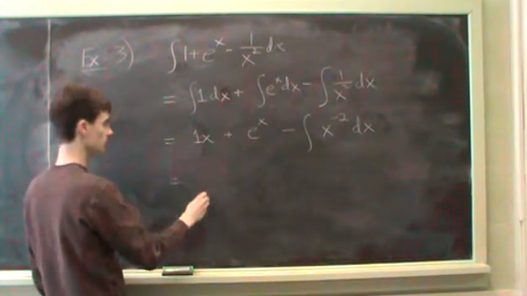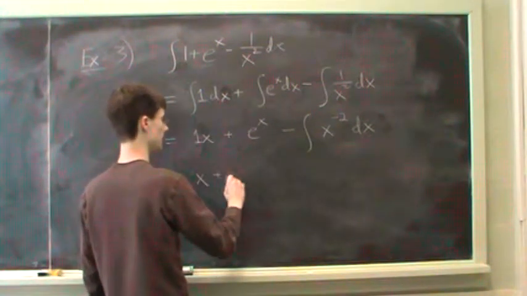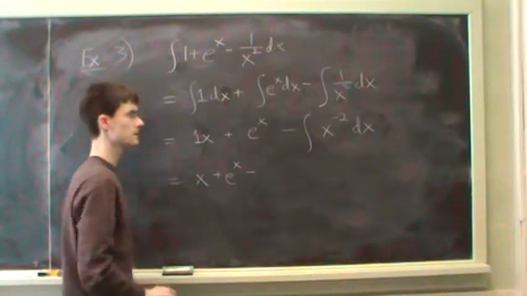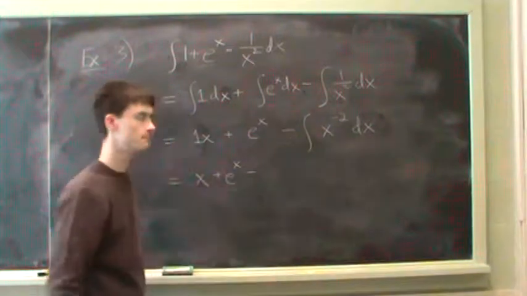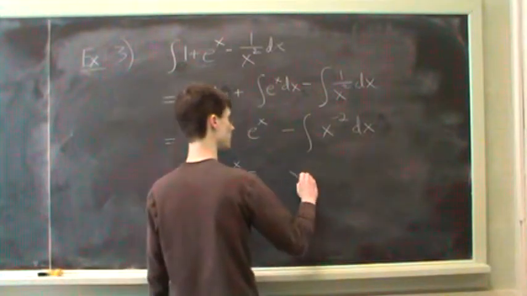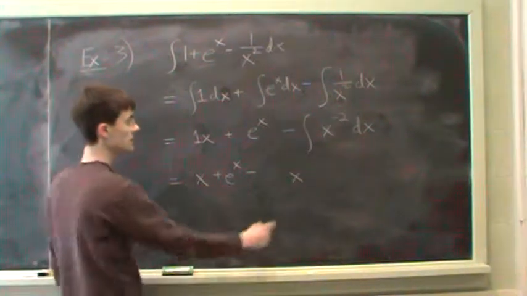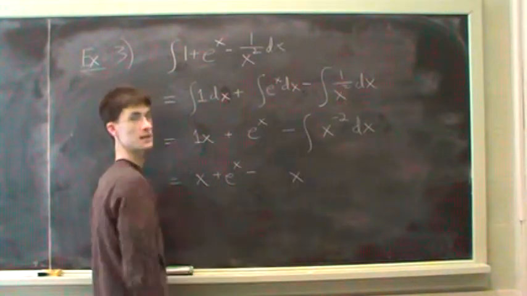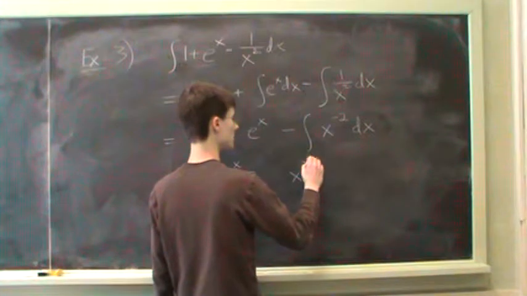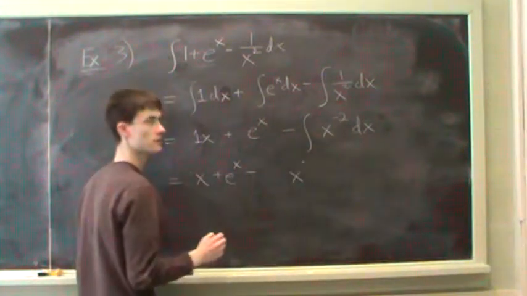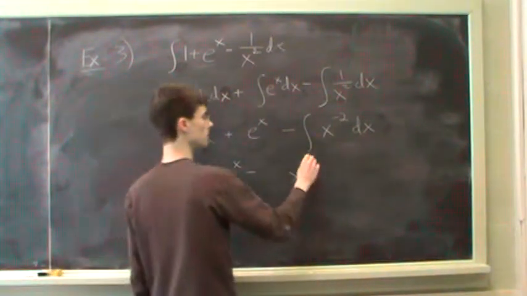Okay, so we have x plus e to the x minus, and now we need to use the power rule. The power rule for finding antiderivatives says we keep the base the same and increase the exponent by 1. So negative 2 plus 1 will be negative 1.